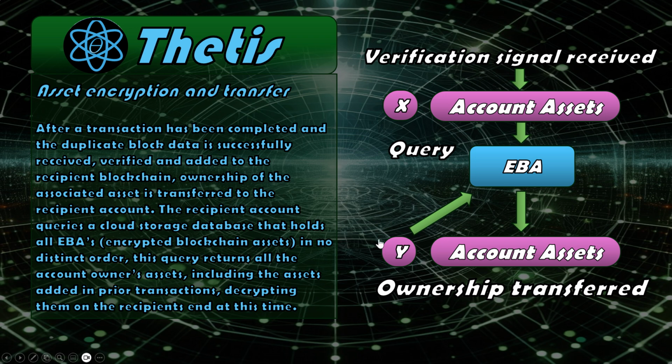On Y's end, on the other blockchain account's end, it is always querying for new EBAs, new EBAs. So when it sees that something has been added to its data table in the background, Y then queries to get it and brings this asset down into their account. And at that point, the ownership has been transferred between the two assets.